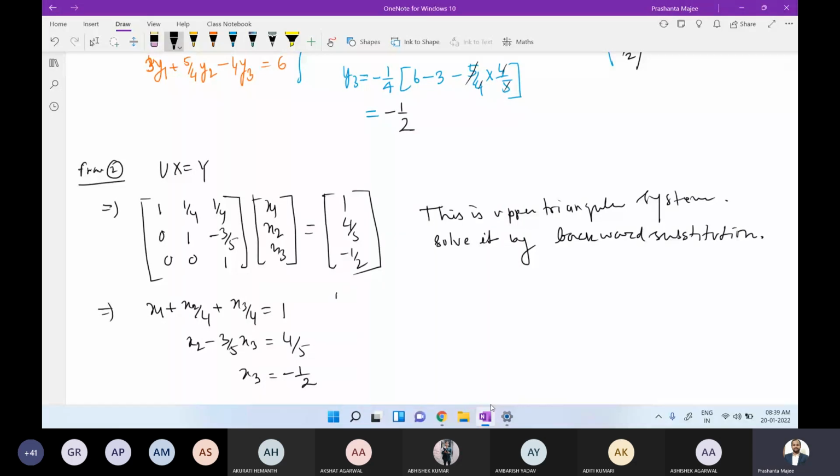If you use backward substitution, what are you getting? That will give you x3 equals to minus half. What will be x2? x2 will be 4 by 5 plus 3 by 5 into x3, and x3 is minus half. So if you simplify, you will be getting 4 by 5 minus 3 by 10.